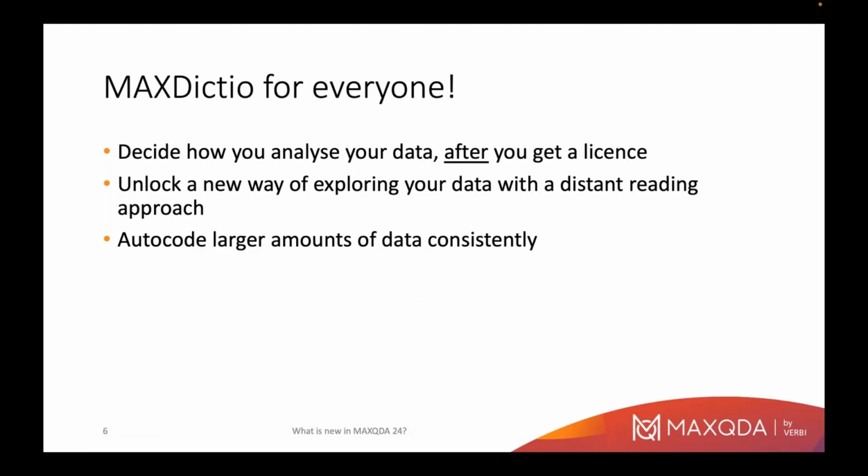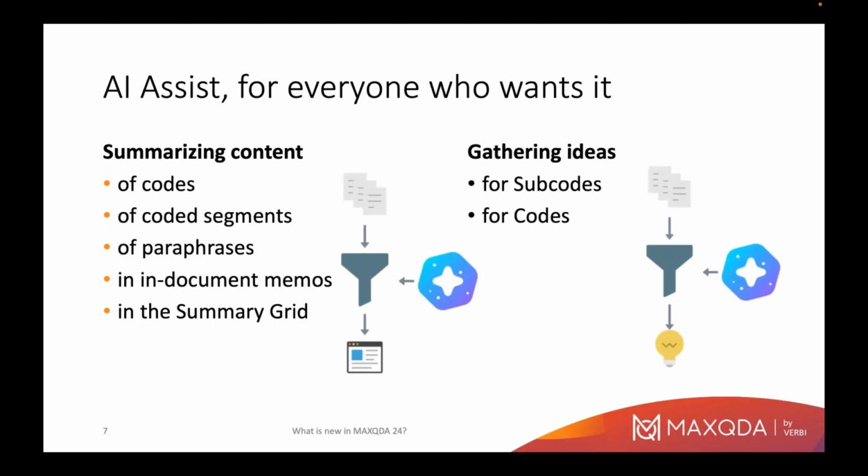So the next thing that's now available for everyone who wants it is AI Assist. If you haven't checked it out yet, AI Assist has been in beta for about two or three months. I was very excited when it first came out, and I produced a couple of YouTube videos about these functions.